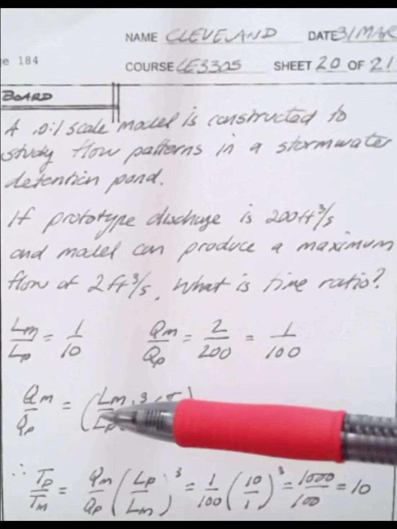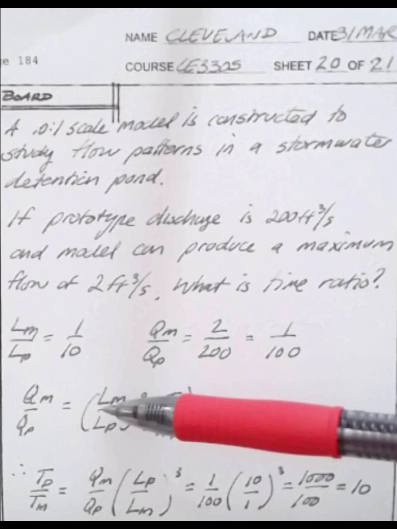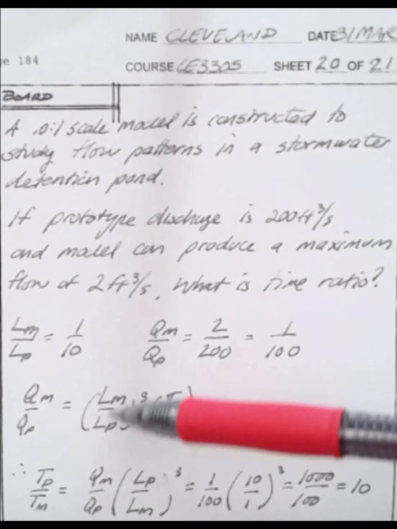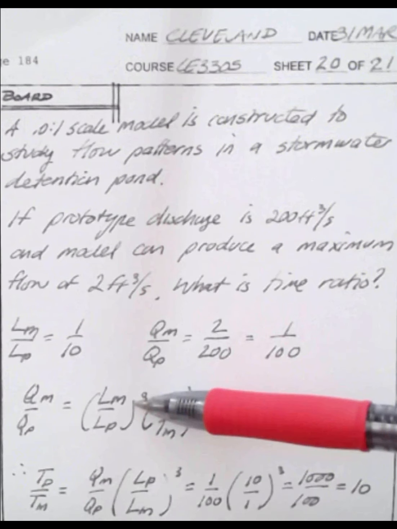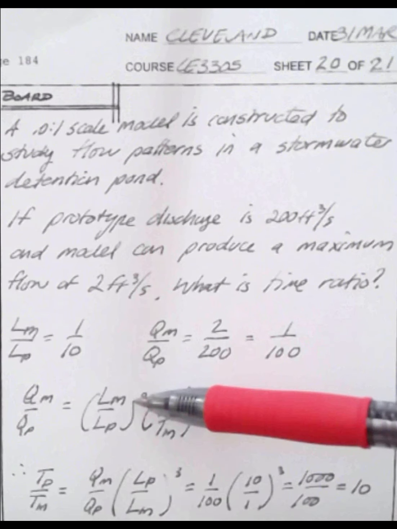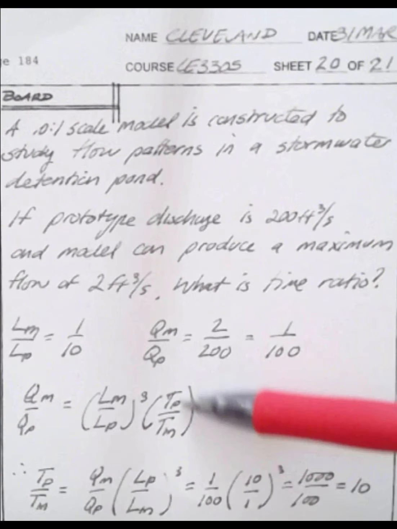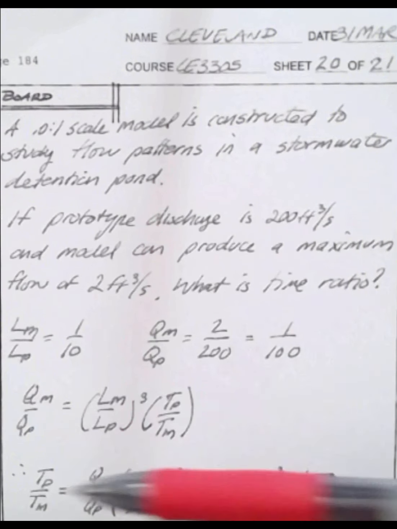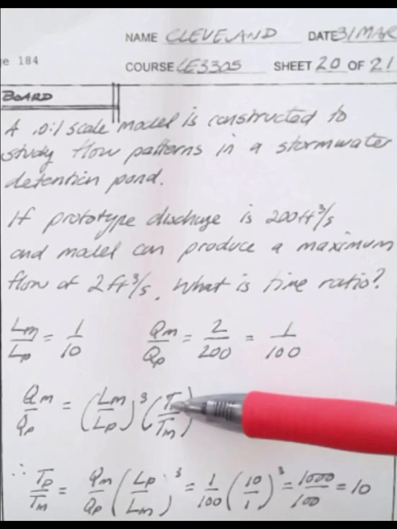And so by definition, the flow ratio is a length model over length prototype cubed, so that's 1 over 10 cubed, and the time ratio Tp/Tm. And we don't know what that is yet, but we do know that we can rearrange this equation and solve for the required time ratio.